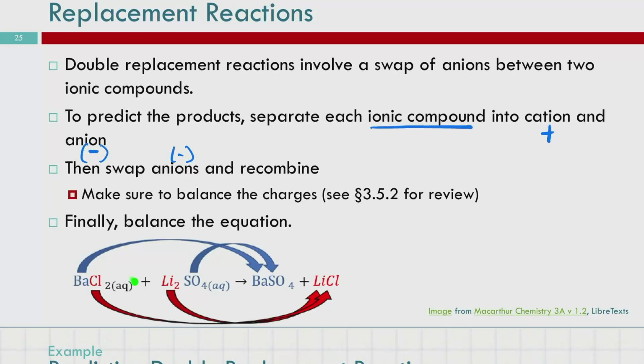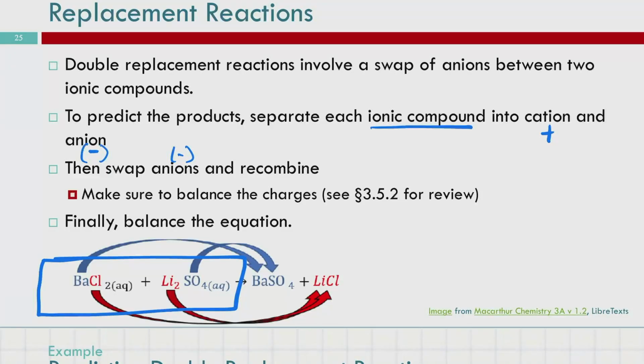So the idea is, if we're just looking at this left side, we've got barium chloride and lithium sulfate. When these have the AQ behind them, that means that they're dissolved in solution, so the ions are separated out. And what we're doing with the product side is we're thinking, okay, what's a new way that we can combine these ions?